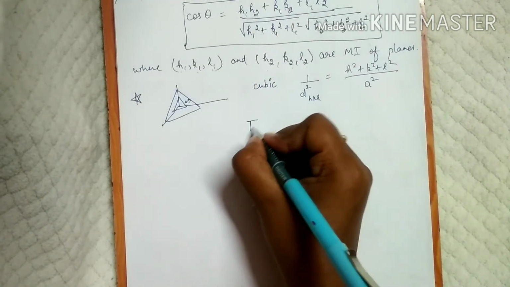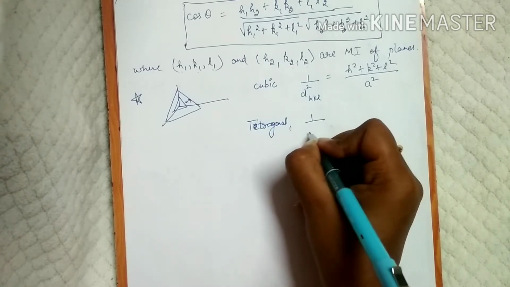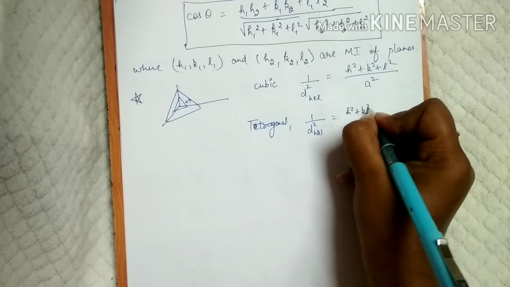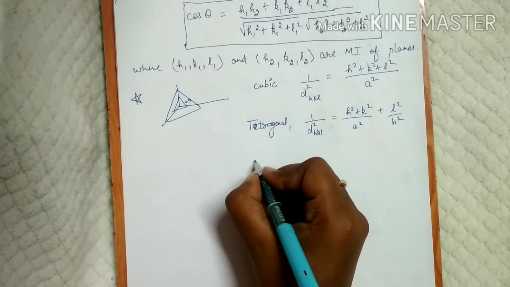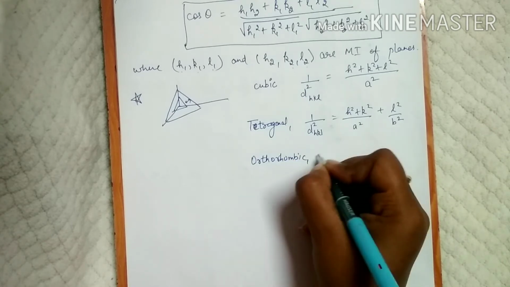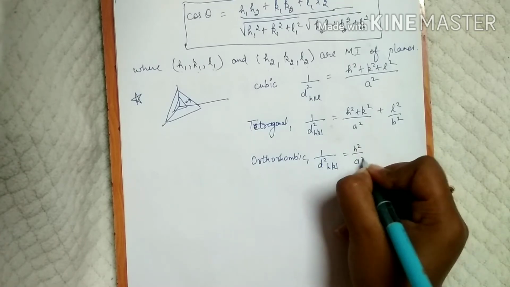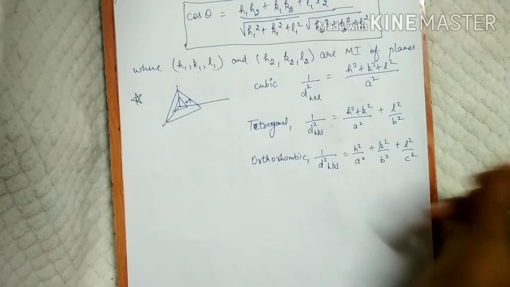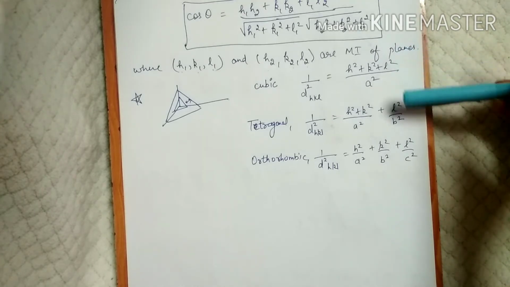If it is tetragonal, these are the formulas to find out the interplanar spacing between the given planes.